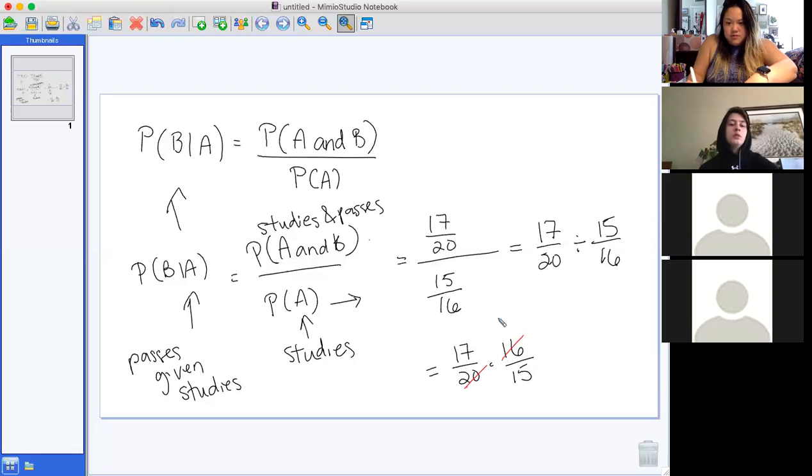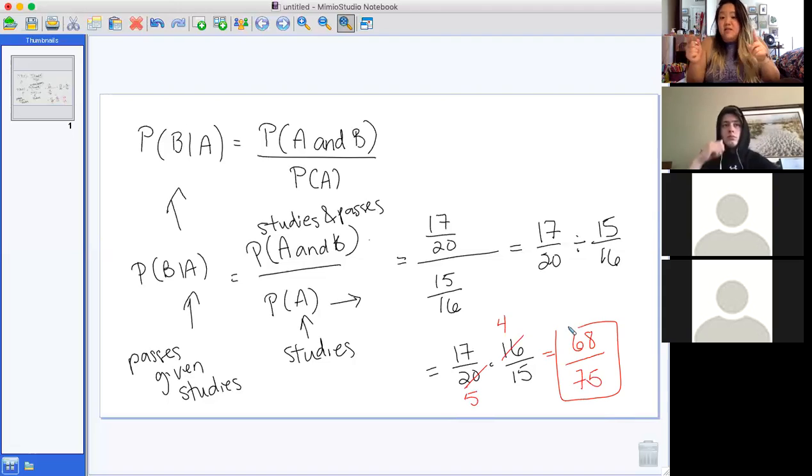I did that, it was easier for me to multiply, and then you get 17 times 4 is 68, 5 times 15 is 75. So that's why you can see the answer at the bottom, or on the back page, it says 68 over 75. So that's how that is calculated.